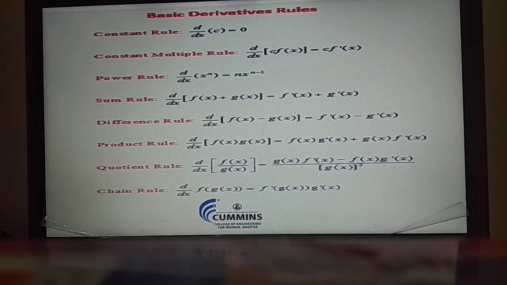Next is the product rule, d by dx of f x into g x, the product of two functions. We get first function into differentiation of second plus second function into differentiation of first. Similarly, quotient rule and chain rule. So these are the basic derivative rules to find the differentiation.